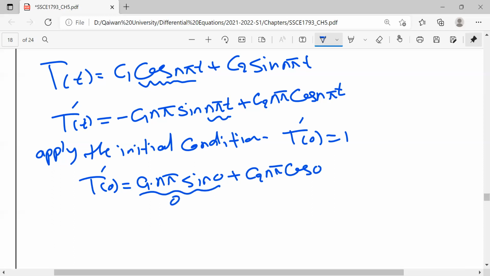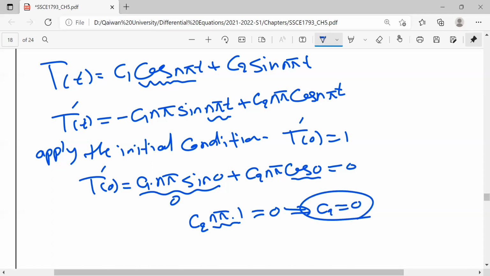Sine 0 is 0, so this term becomes 0. This is C2 times n pi times cosine 0, which is 1, times 1 equals 1. Here n pi is not 0, it's a constant. That means C2 must be 1 over n pi, so C1 is not determined by this condition.